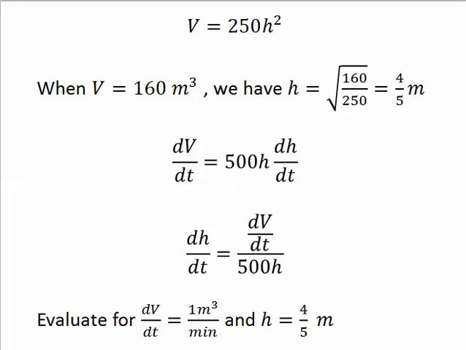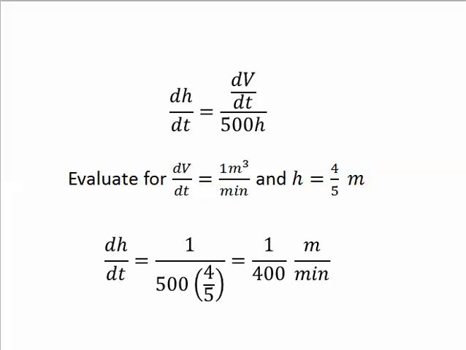All right, so plug those values in, and then find out what you get for dH/dt. I get 1/400 meters per minute. So that would be barely detectable, probably not detectable by the human eye unless you have a lot of patience.